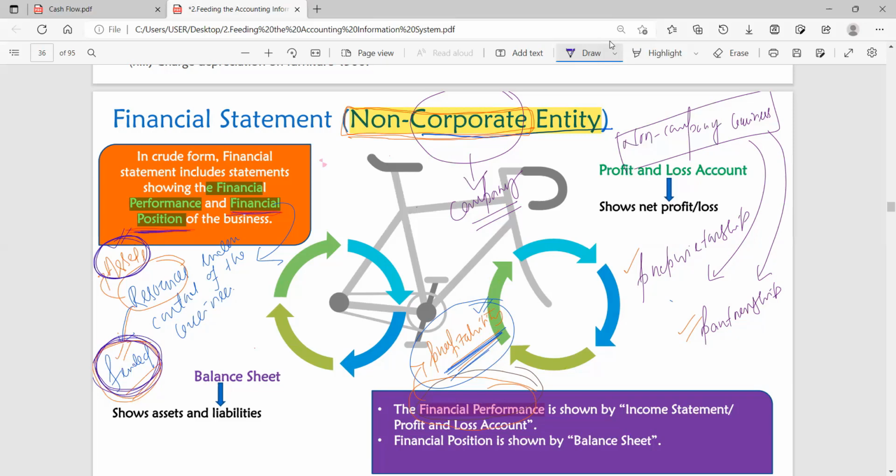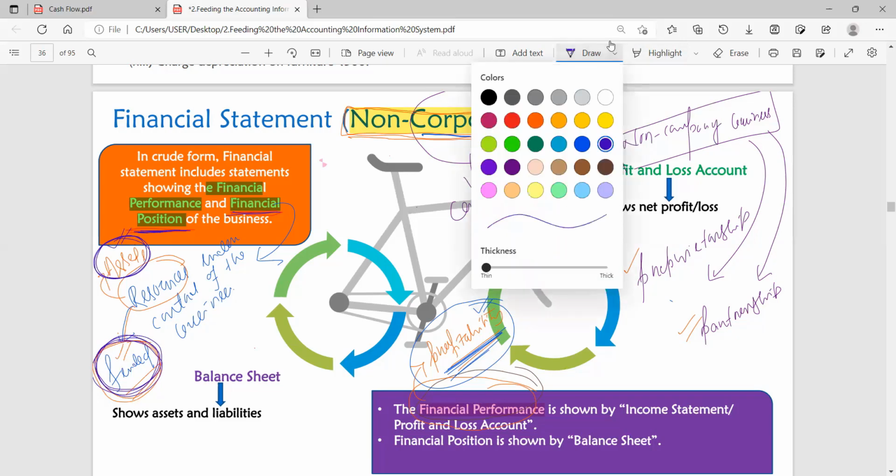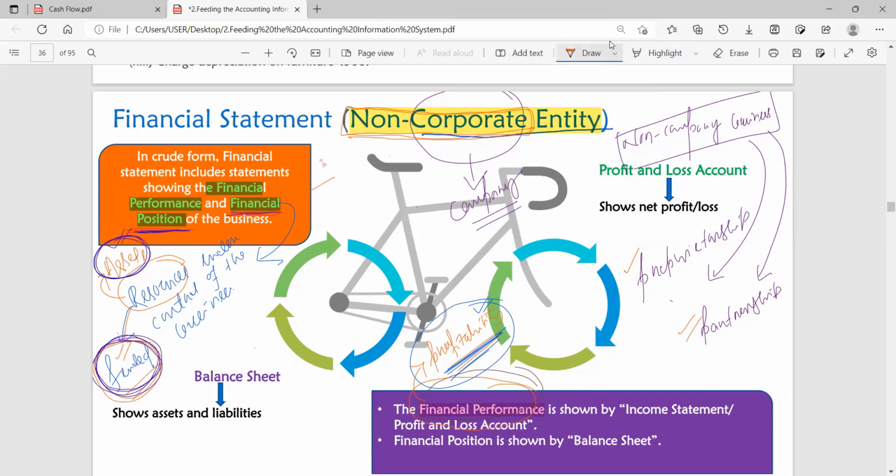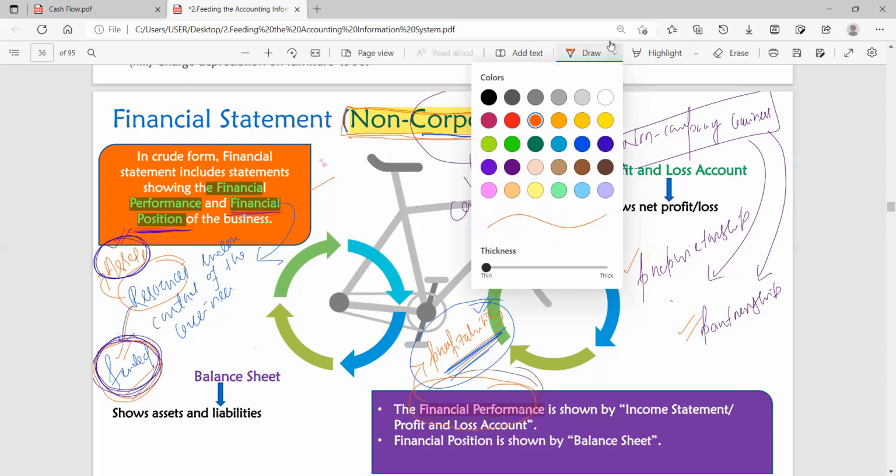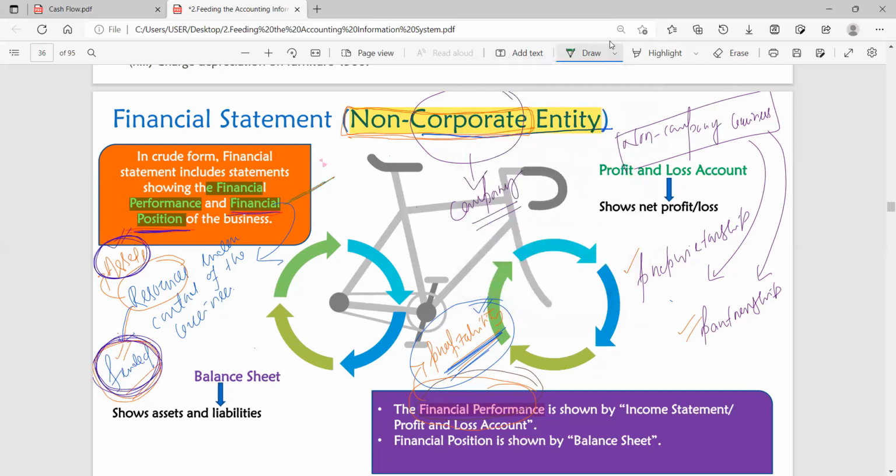So when we look at financial position, generally we understand two things: one is the resources and the funds.